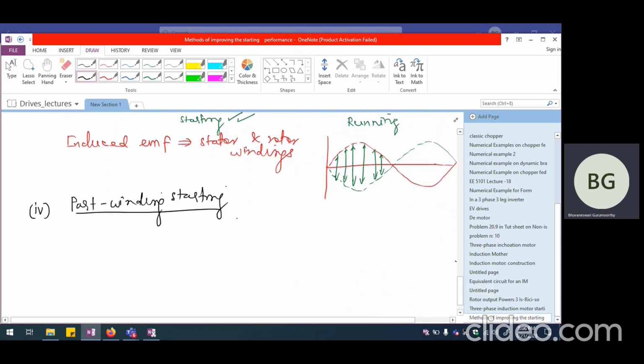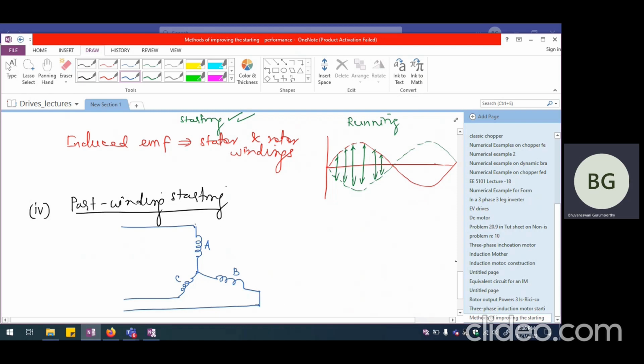So I can have, let us say, A phase and B phase and C phase. Let me show maybe a star connected winding somewhat like this. So let us say this is the A phase winding, this is the B phase winding, and this is the C phase winding. And I'm going to have normally the voltage applied to A phase, B phase, and C phase winding somewhat like this.